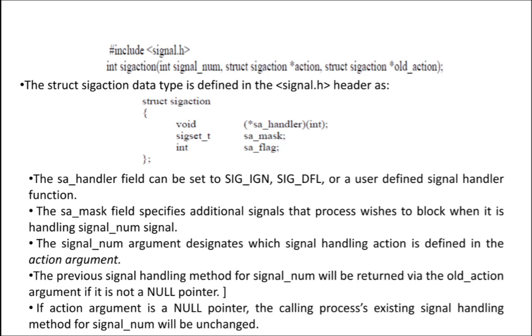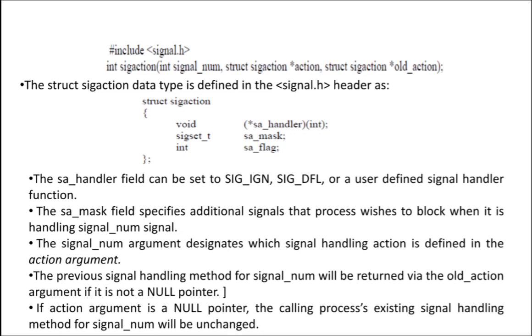And the previous signal handling method for the signal number will be returned through the old action argument. That means old action. For example, the previous signal handling for a particular signal can be default, right? And now you are going to change that to ignore. So what will the old action be? The default action will be returned.